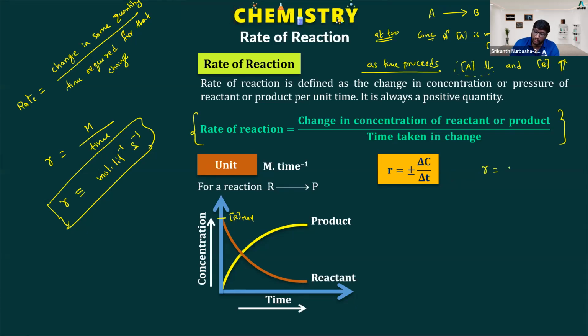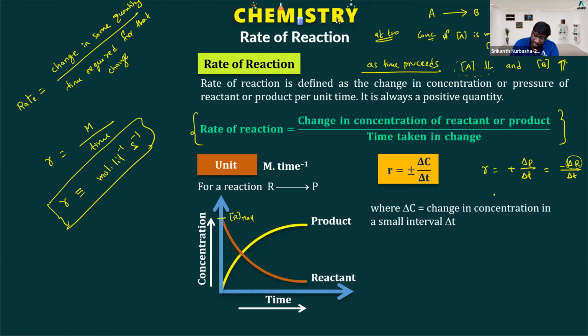For the same reaction R to P, rate is equal to plus delta P by delta T, that is also equal to minus delta R by delta T, because the change in concentration of the reactant is negative as its concentration is decreasing. So minus delta R becomes positive, and the rate is positive.